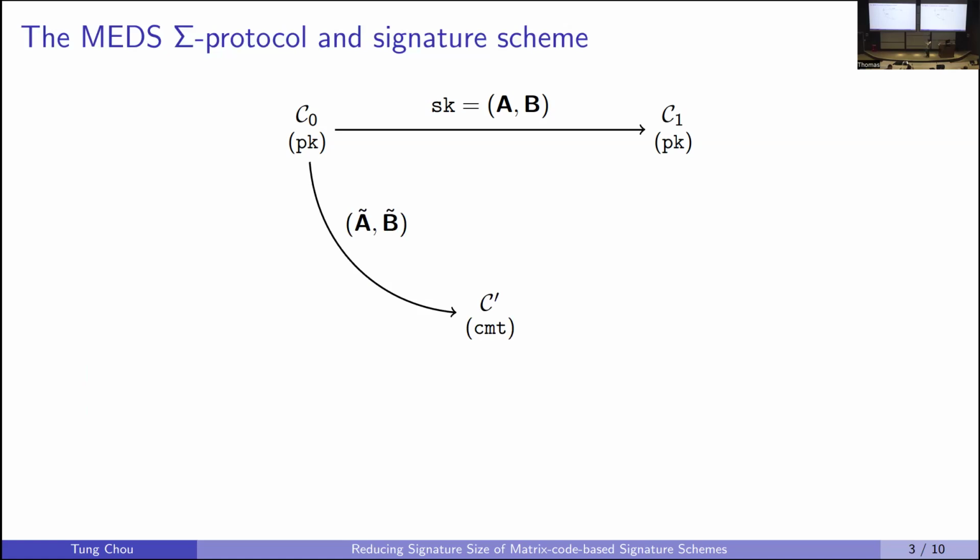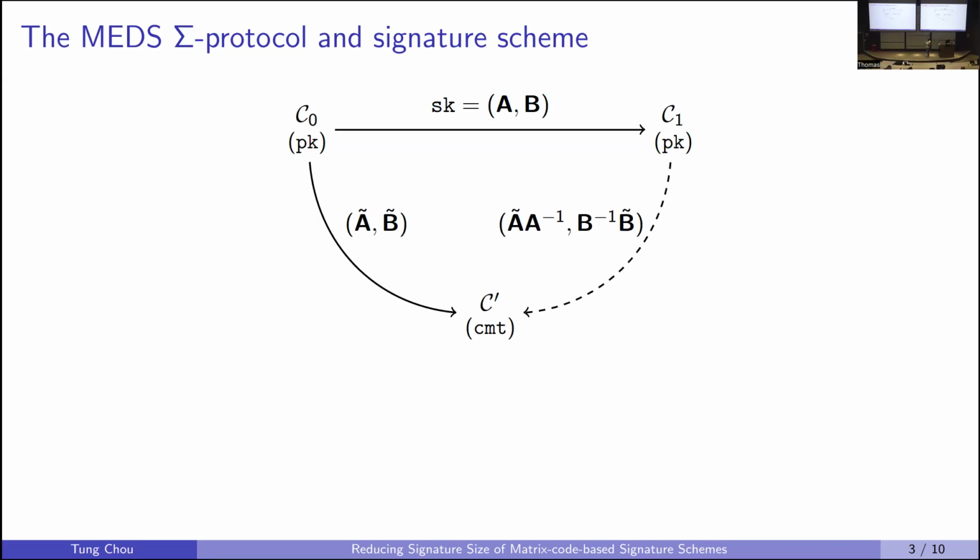Then the prover generates another random asymmetry (A tilde, B tilde) and applies it to C0 to get another code C prime. This C prime serves as the commitment, and the asymmetry (A tilde, B tilde) is going to be the response when the challenge is 0.